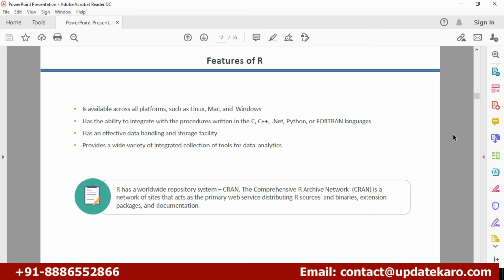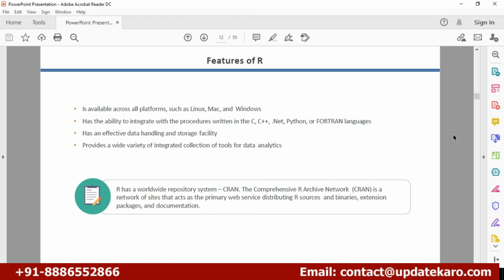Features of R. It is available across all platforms such as Linux, Mac, and Windows. It can be installed on any operating system. It has the ability to integrate with procedures written in C, C++, .NET, Python, or Fortran languages. So all the procedures that are written in other programming languages can be integrated into R very easily.